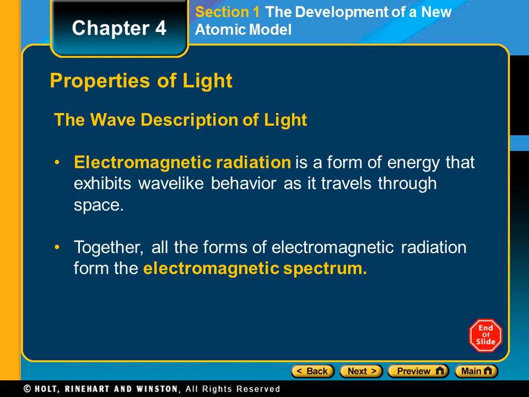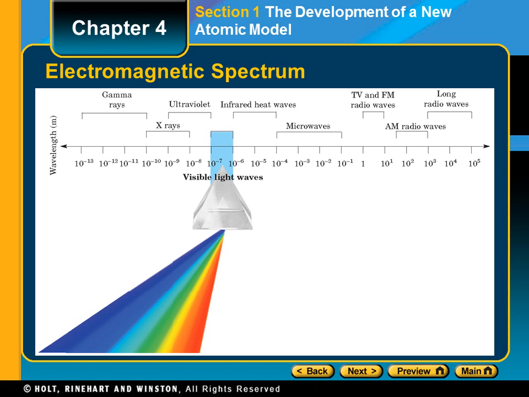And together, all the forms of electromagnetic radiation form the electromagnetic spectrum. Okay, so this has to do with different wavelengths. And the different wavelengths of light put whatever you're talking about on different places on the spectrum. So here, again, notice here is the wavelength. This is your electromagnetic spectrum, and you can see where visible light falls.